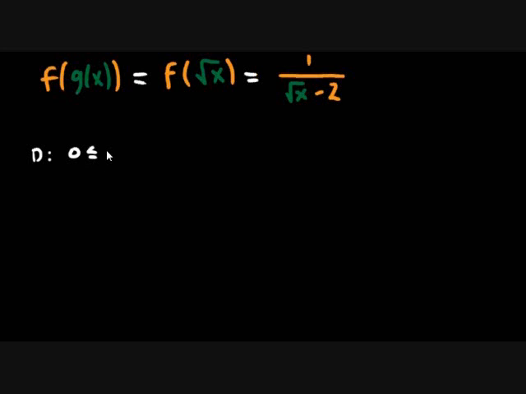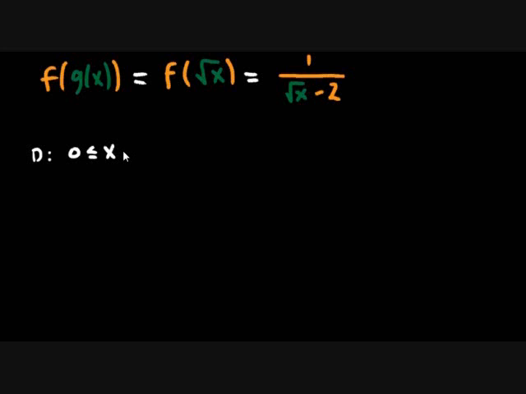If we were to graph this, we could see that x first off has to be positive, because you can't take the square root of a negative number. So that's the first thing that we need to say. So x is going to be greater than or equal to 0.